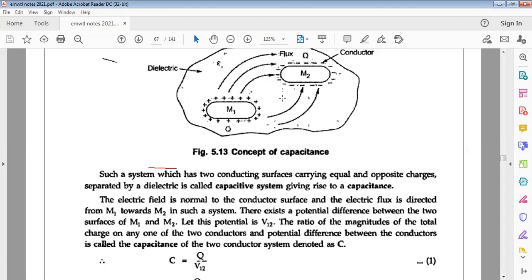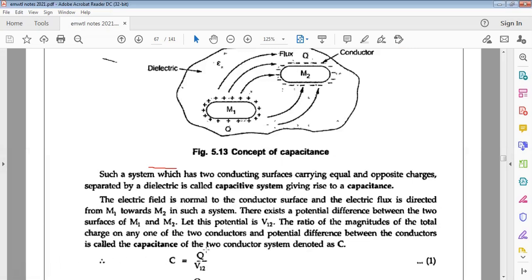Let this potential difference be V12. The ratio of the magnitude of the total charge on any one of the two conductors to the potential difference between the conductors is called capacitance.